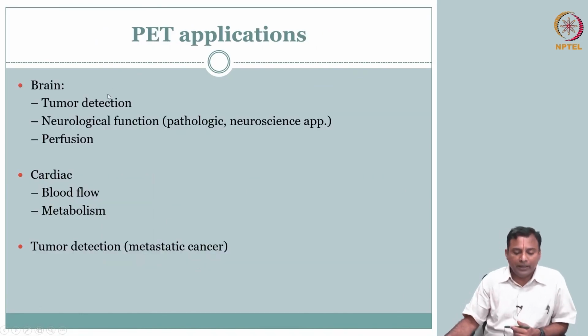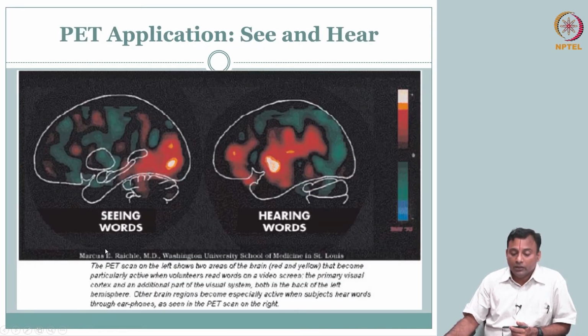Okay. Likewise, PET has multiple applications, same brain, you have neurological, neuroscience application, lot of science questions on understanding of brain, you kind of use PET, right. Cardiac, tumor detection, right. So several interesting things, just to reiterate that it is a functional imaging.